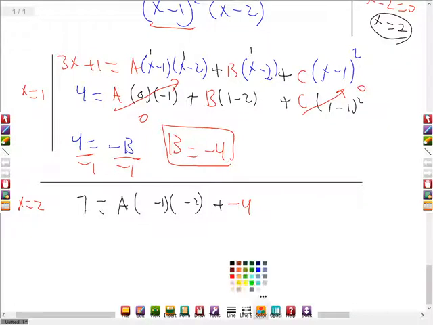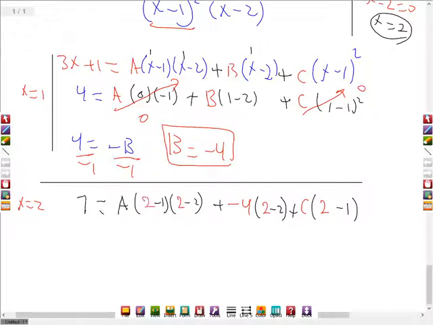Right? And B negative 4, and this minus 2, and C plus minus 1, and C, look, I'm going to put the values of x, which is 2, 2, 2, 2.